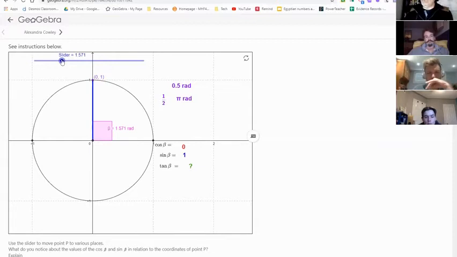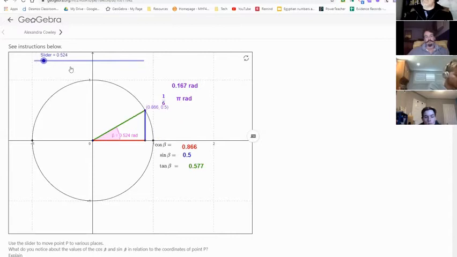If I know that the sine is the y value of my point somewhere, and the cosine is the x value, when I look at this angle, look at the coordinates of this point, 1, 0.